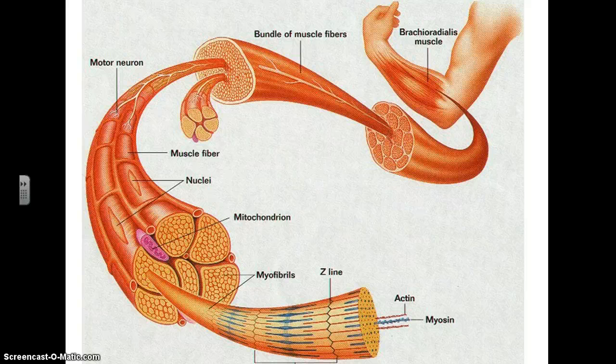The myofibrils are clustered into what are called muscle fibers. Muscle fibers are bundled into what are called bundles of muscle fibers, and then when you take a bunch of bundles, you have a muscle. So this whole muscle is going to have a whole lot of these sarcomeres.